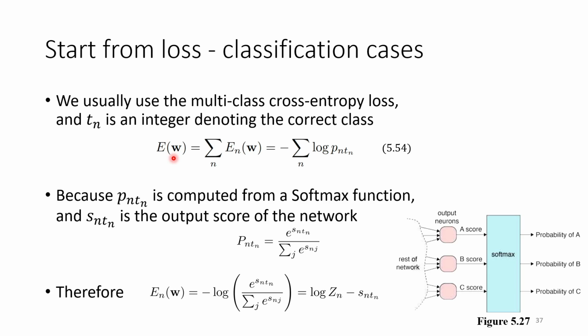So how to update the weight? We need to know the gradient. It means the derivative of the error with respect to the weight vector, so that we can know which direction we should change the weight to minimize the error.